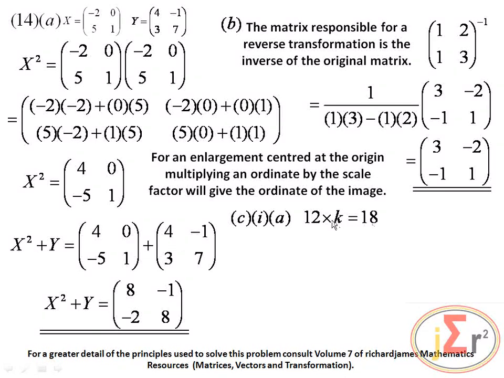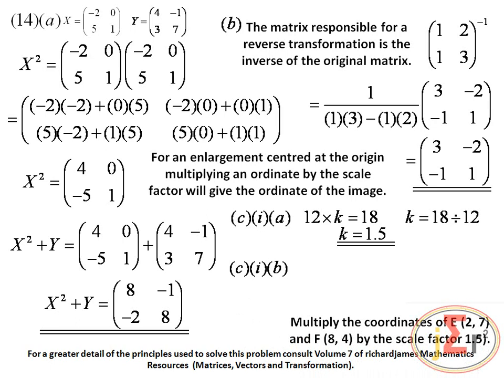Therefore, K, which is the scale factor, is equal to 18 divided by 12, and that gives us 1.5. If so be the case, we may write down the coordinates of E' and F', because all we need to do is take that 1.5 and multiply by the other ordinates to find the ordinates of the enlarged image.